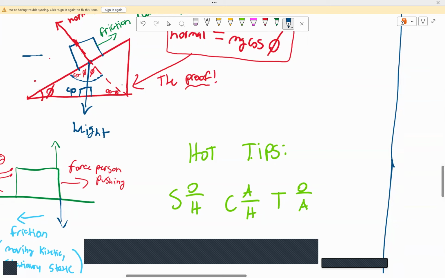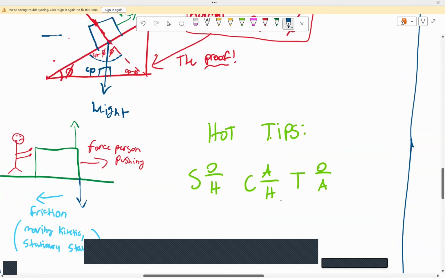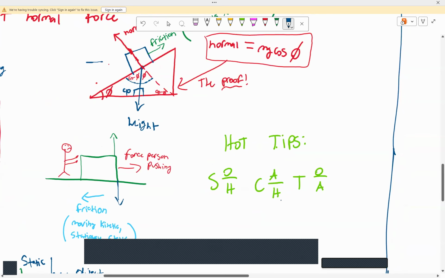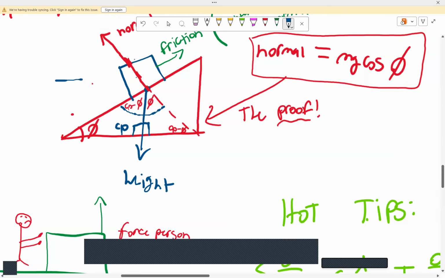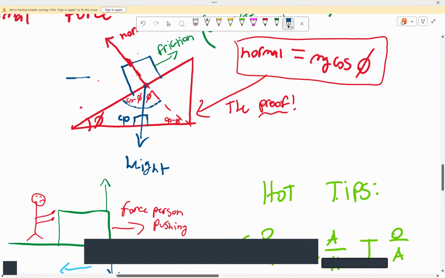Cosine is your adjacent angle, which is this, over the hypotenuse. Then you have your tangent, which is opposite over adjacent. That is kind of how you do it.